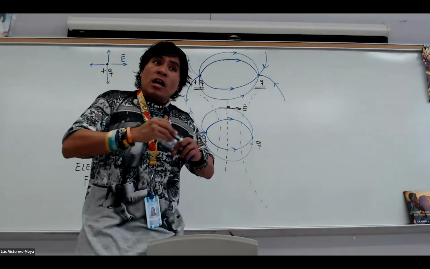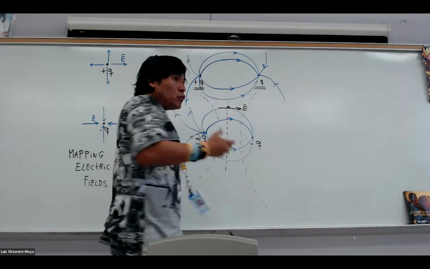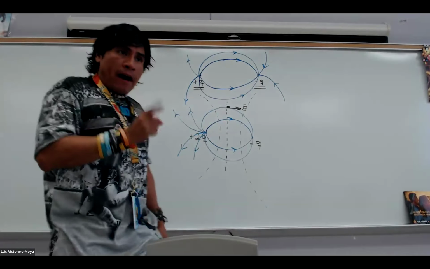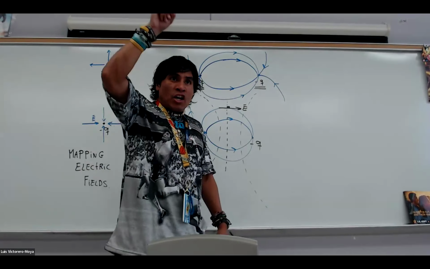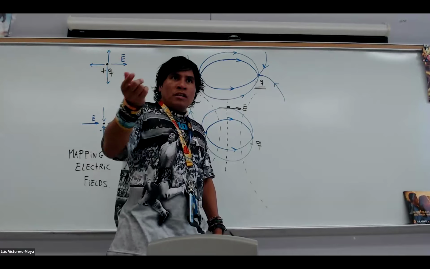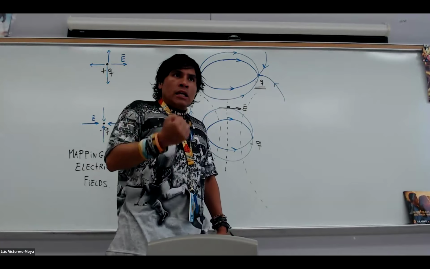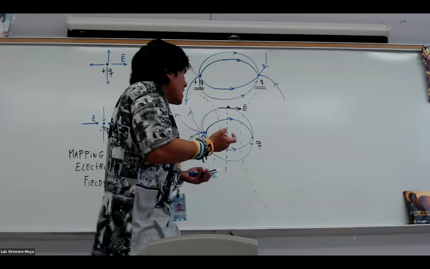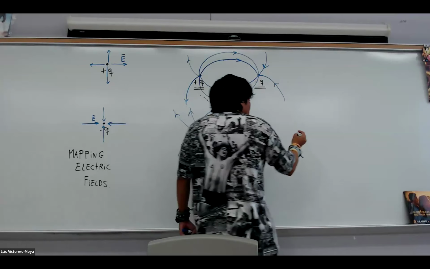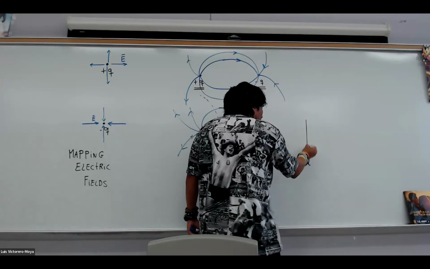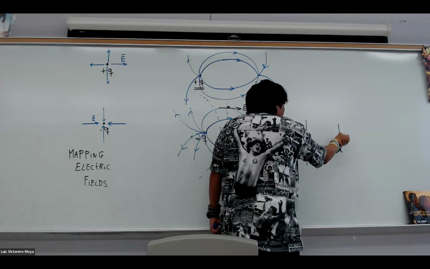Now, what about the point charge and the parallel plane? How do you draw? Because in the file, you are given the equipotential lines. So you are doing the opposite now. With equipotential lines, you are drawing the electric field lines. And think about it. For 2 parallel plates, and you have that in the arrangement in the last one.